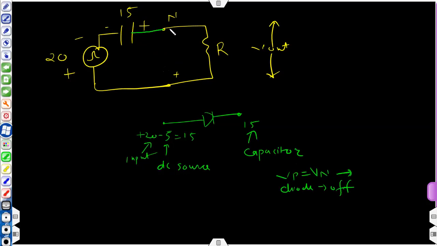And now you can simply write V out will be equal to, again the equation will be same, V in minus, now this time plus Vc, and the magnitude of V in is minus 20, Vc is 15 and minus 5 volt. So now instead of 0 you are getting minus 5 volt.